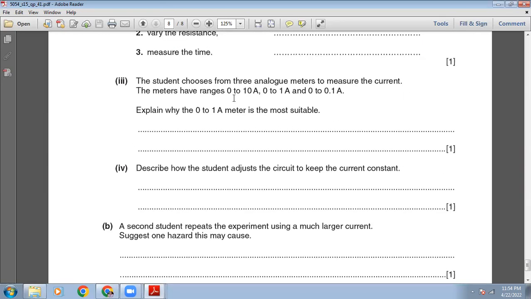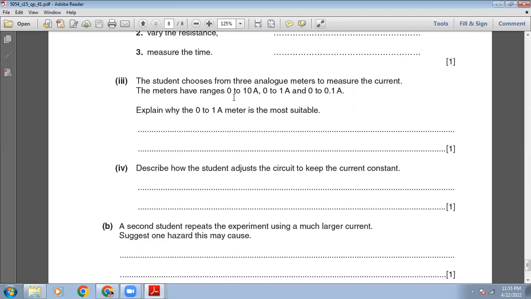You cannot use 0 to 10 ampere because it will give a very small deflection for 0.3 ampere, so you will not be able to notice it.